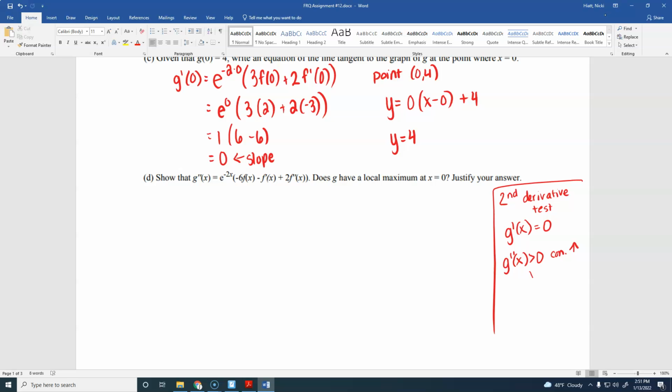So if my graph is concave up, and I have a critical point where my first derivative is 0, what have I got there? Minimum. But if my second derivative is less than 0, concave down, looks like this, and that is a maximum.